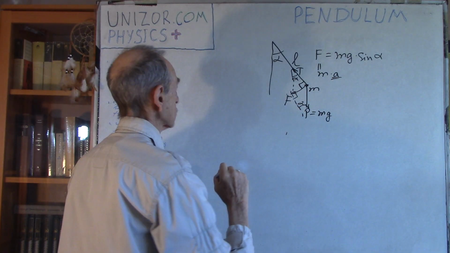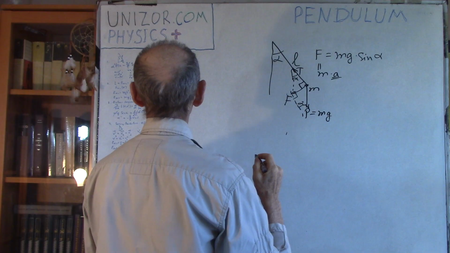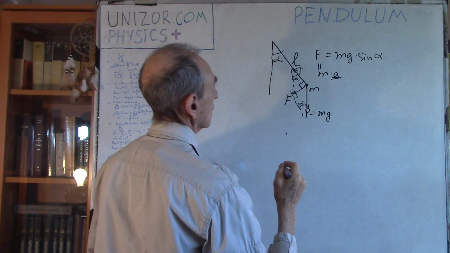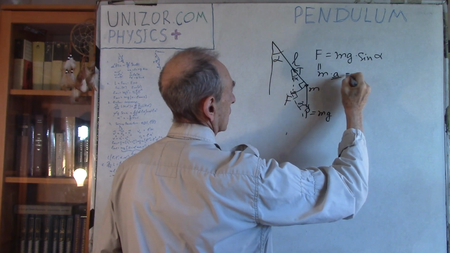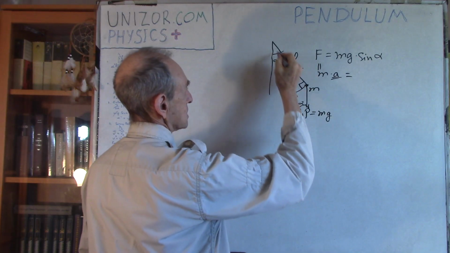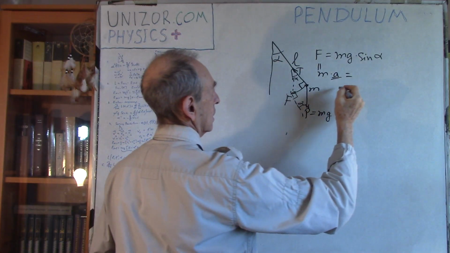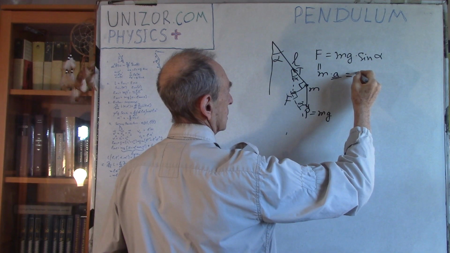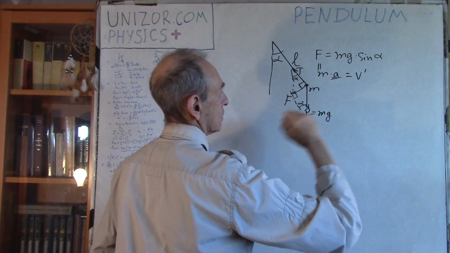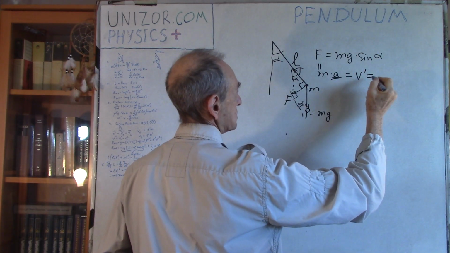The acceleration can be expressed in terms of angle alpha as well: it is the first derivative of the linear speed.